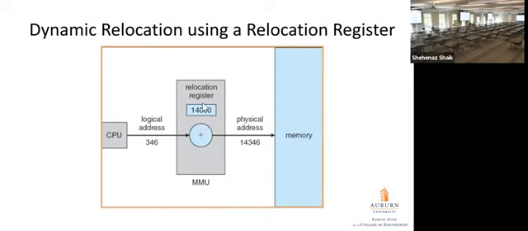That address will be stored in a special register, which is a relocation register, and the memory management unit will make use of that address to convert the logical address to the physical address. This is one example that we have seen.